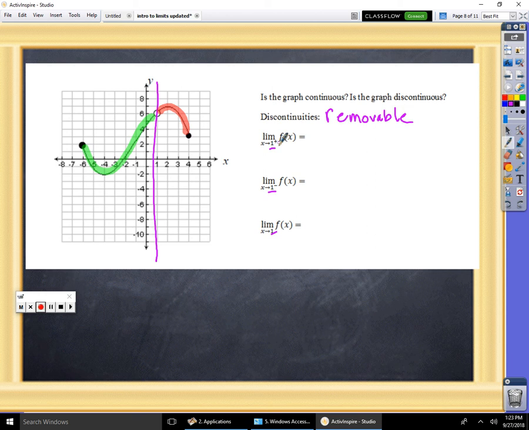Which function do I want? The red. So when the red function touches the purple fence, what height am I at? 6. When the green function touches the purple fence, what height am I at? 6. Are they in agreement? Yes. So that limit is 6. They're both approaching 6.